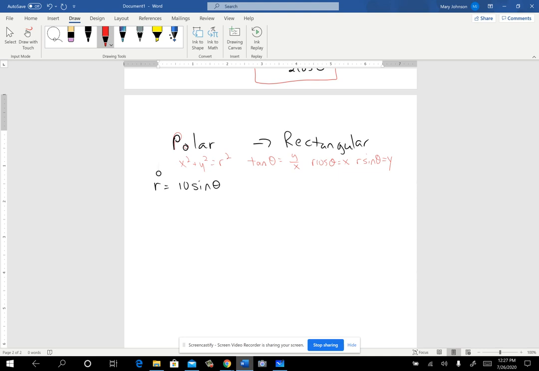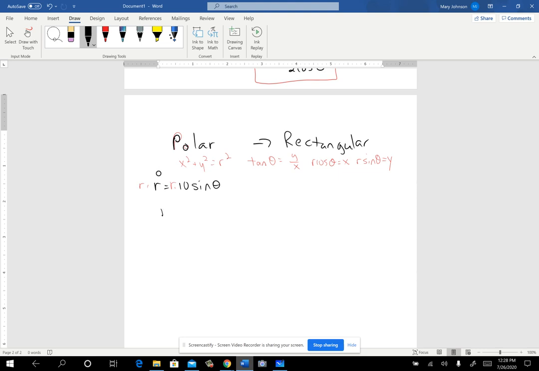Okay. So when I'm looking at this, there's a couple different approaches you might take. I think a common approach might be to get an r in here, so maybe come in and do an r on this side and an r on this side.